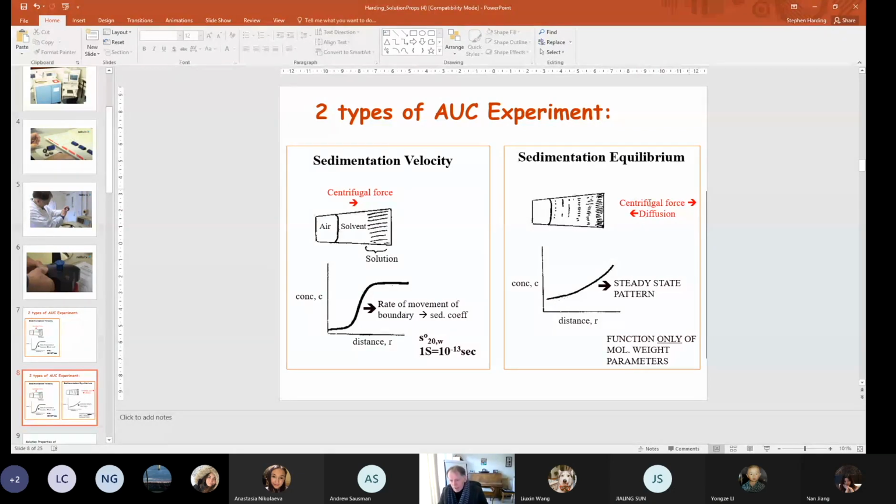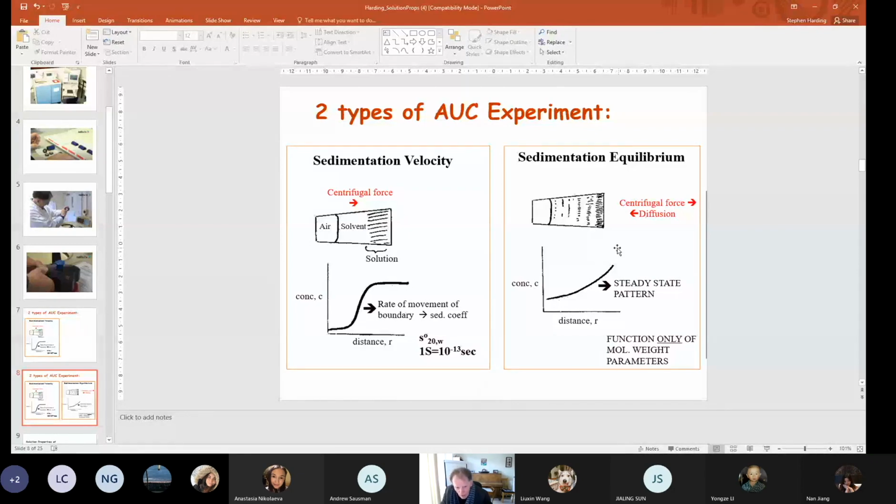At very high speeds, the diffusion backwards force is quite small compared to the centrifugal force, so the centrifugal force wins and you get sedimentation. But at lower speeds, say 10,000 to 20,000 revolutions per minute, these forces become comparable. You don't get sedimentation towards the bottom, but instead a balance or equilibrium between the sedimentation force in this direction and the diffusion force going backwards.